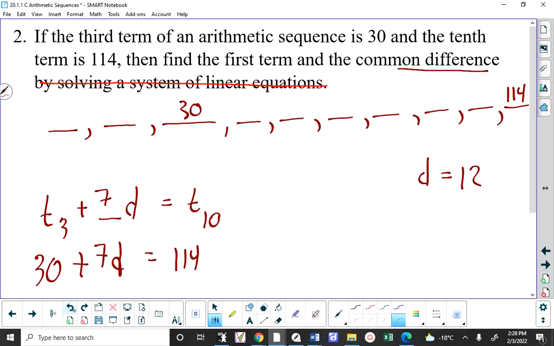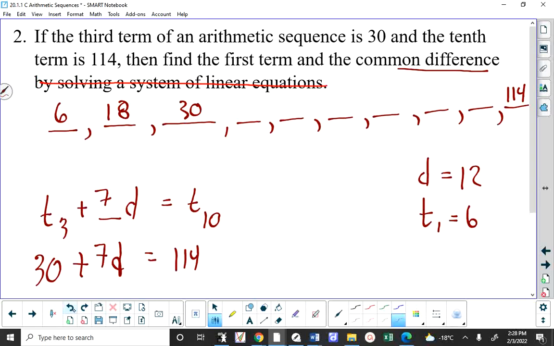Then it says, what's the first term? So what I would do is, if I take 30 minus 12, that gives me the second term. If I take 18 minus 12, that gives me the first term. Two things here. Is my arithmetic correct? Those numbers are right. Secondly, does that ring true to you? That makes sense, what I did?